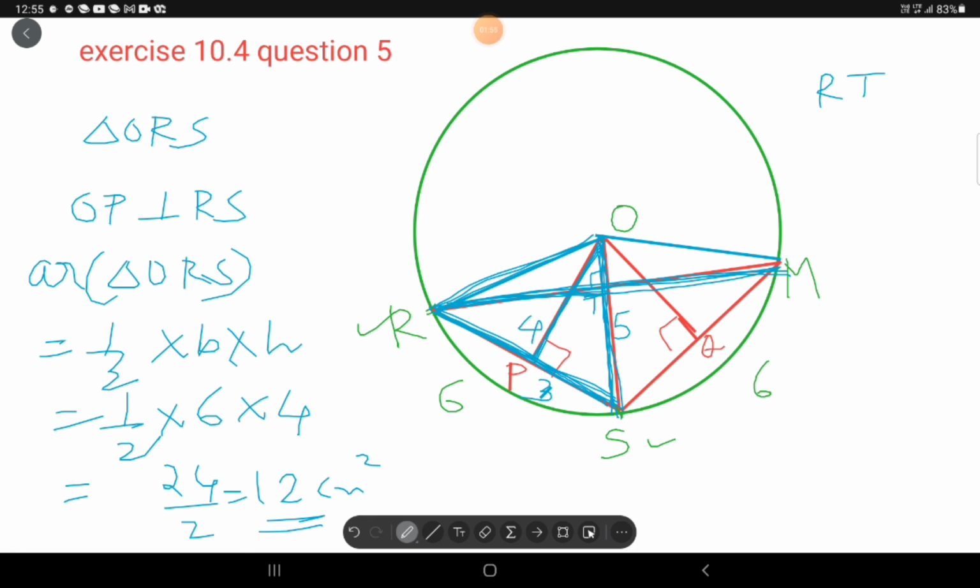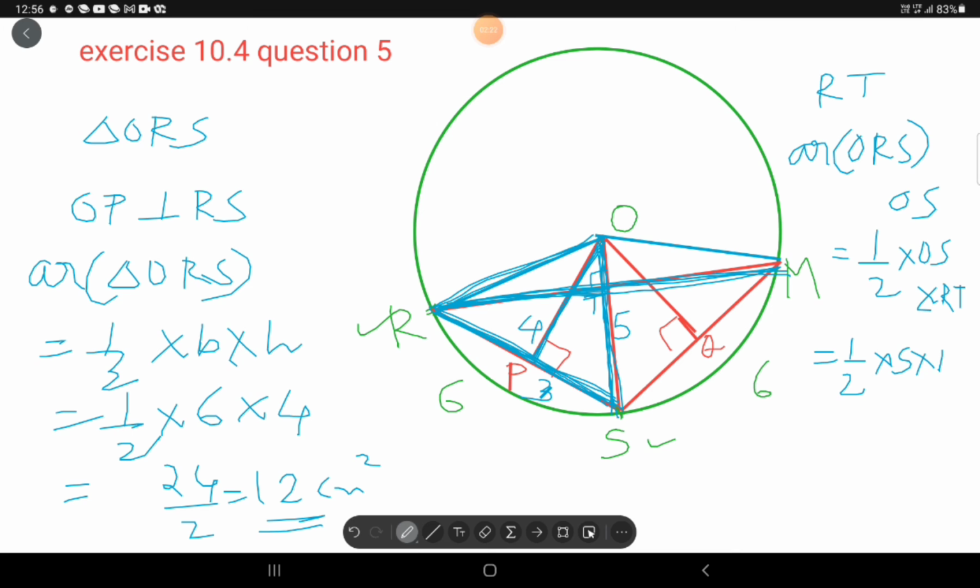So the area of the triangle ORS with the base OS, then what is the height? RT. So half into base OS into RT. We know the value of OS. OS means the radius, that is 5 centimeter, into RT.